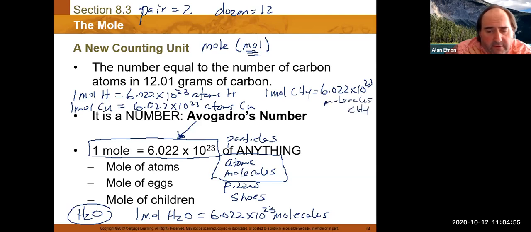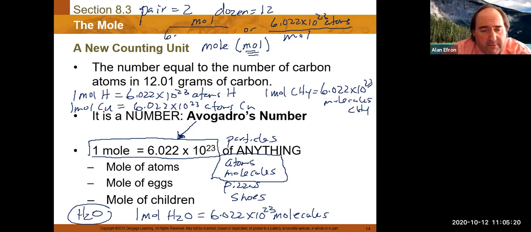So really what Avogadro's number is, it's really nothing more than a conversion factor. And we can basically use it like a conversion factor. We could say 6.022 times 10 to the 23 atoms or molecules or whatever the unit is over a mole. Or if you needed the moles on top, you could put the moles on top, and that 6.022 times 10 to the 23 number on the bottom, again, could be atoms, molecules, particles, whatever it is.